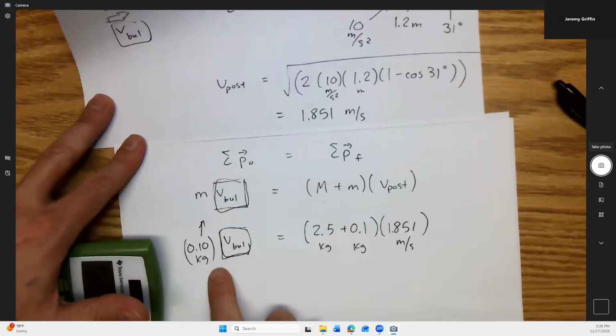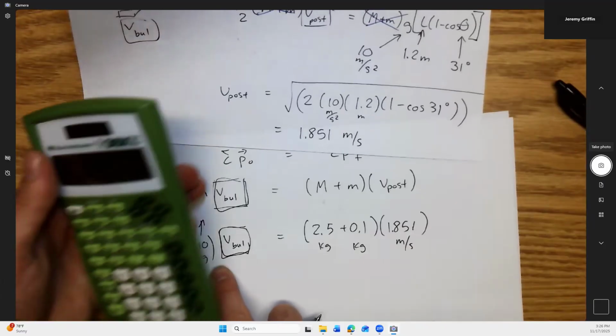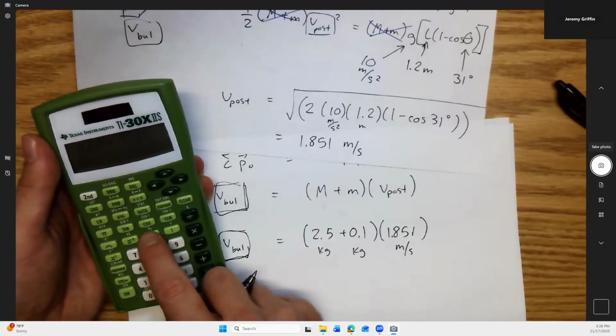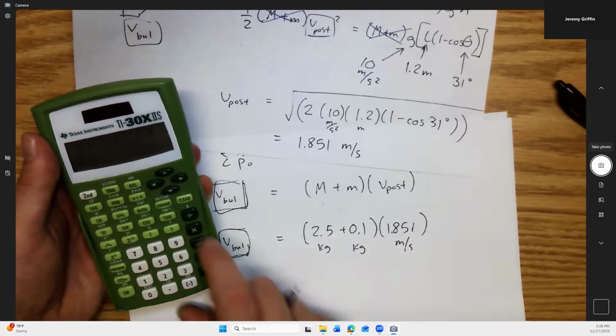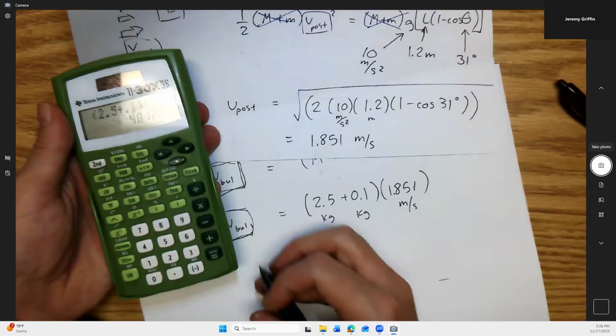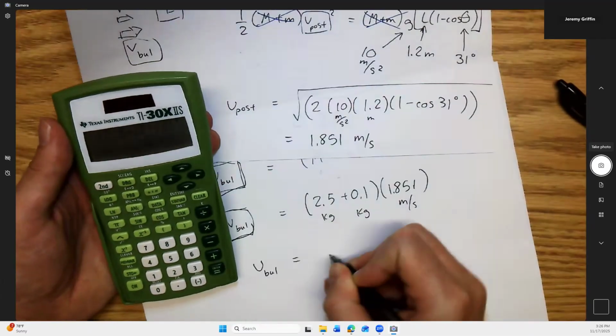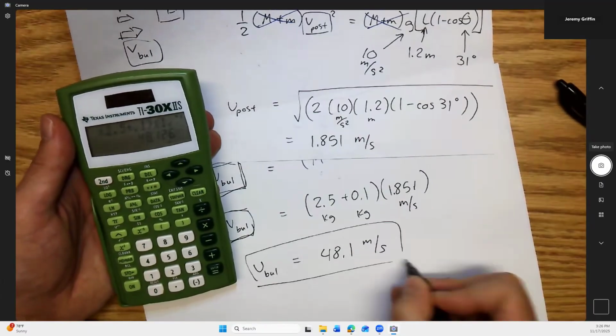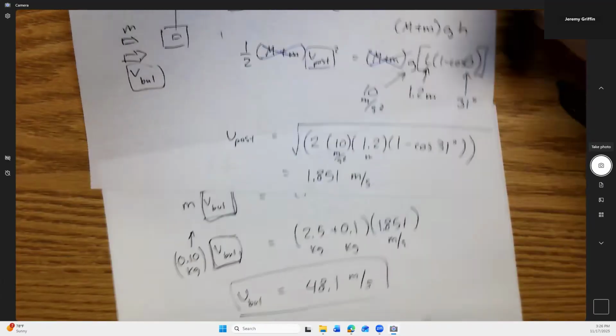The last algebra step is to divide by the mass of the bullet, and I have my answer: (2.5 plus 0.1) times 1.851, all divided by 0.1. The firing speed of the bullet is 48 meters per second. That looks pretty reasonable.